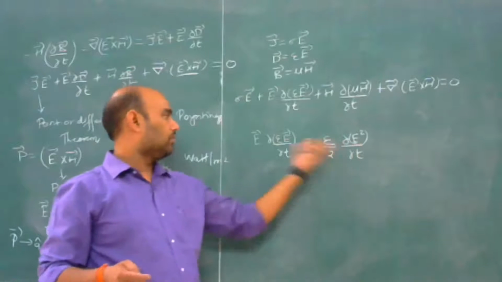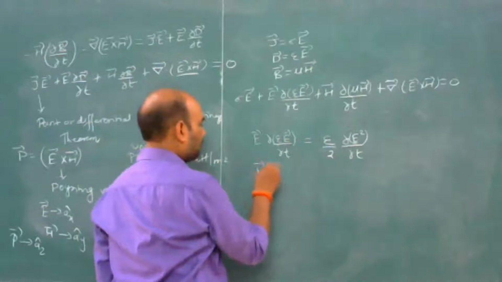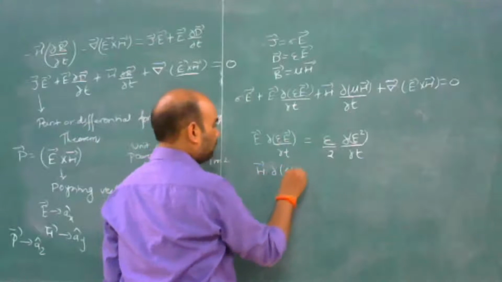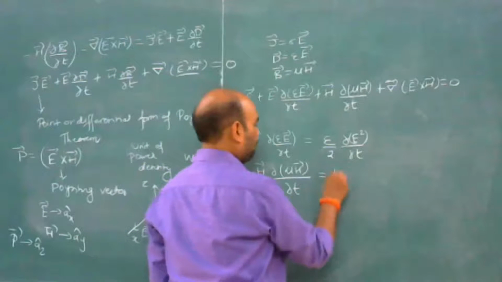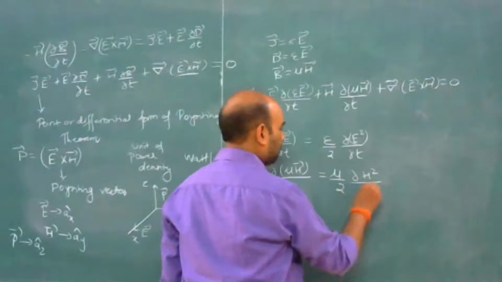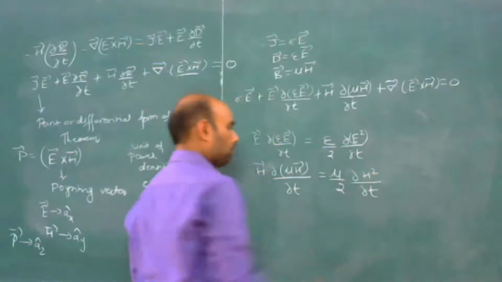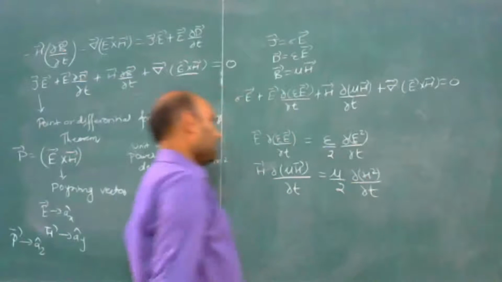Similarly, we can write for H: mu into H del H by dt, so this will be mu by 2 del H square by del T. This is magnitude.